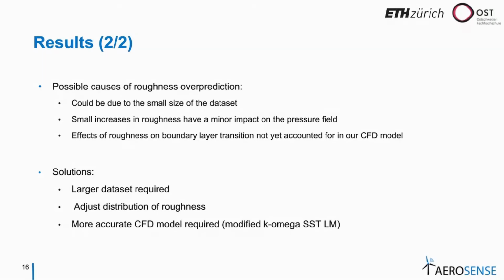We need to really generate more data. But we can also see that small increases in roughness have quite a minor impact on the pressure field, and that small impact might be hard to detect. This is why we need more data, but we also might need a more accurate CFD model, as the one we're using right now is not a model which actually accounts for roughness in the turbulent boundary layer.